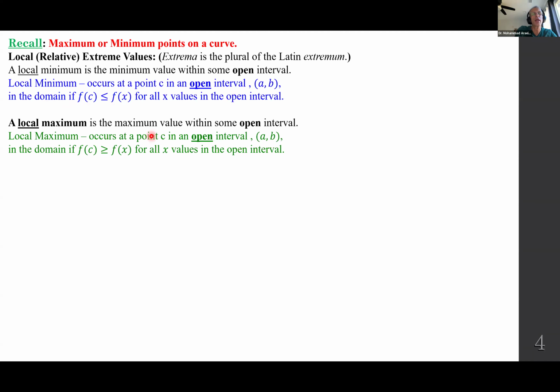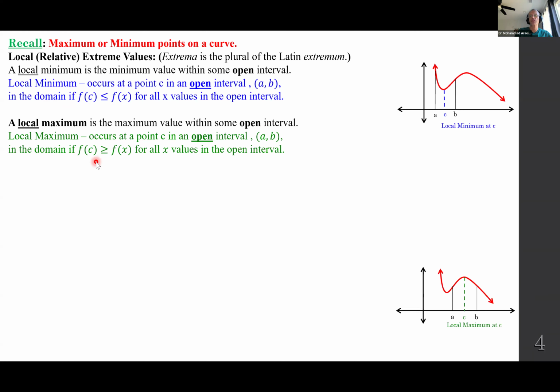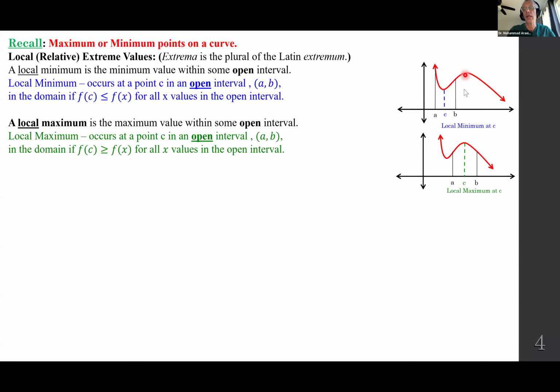A local maximum is the maximum value within some open interval. A local maximum occurs at the point c in an open interval a to b in the domain if f of c is greater than or equal to f of x for all x values in the open interval. So as we look at these two graphs: local min, local max, local min, local max.